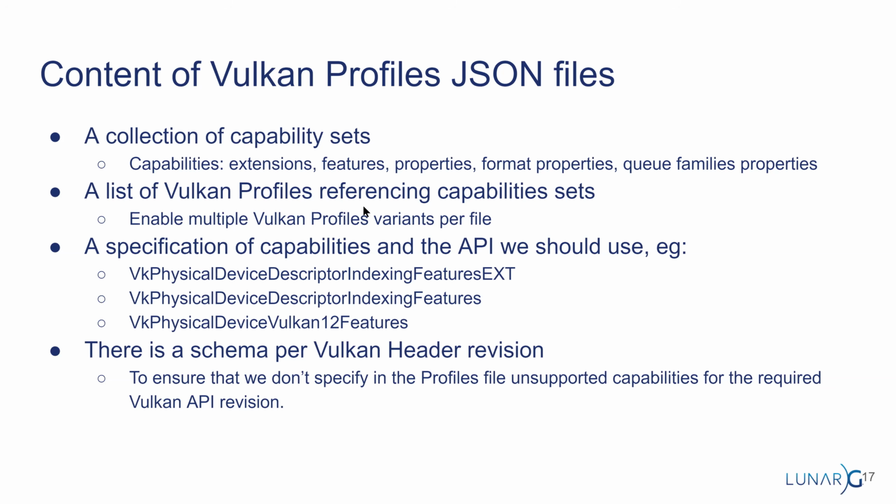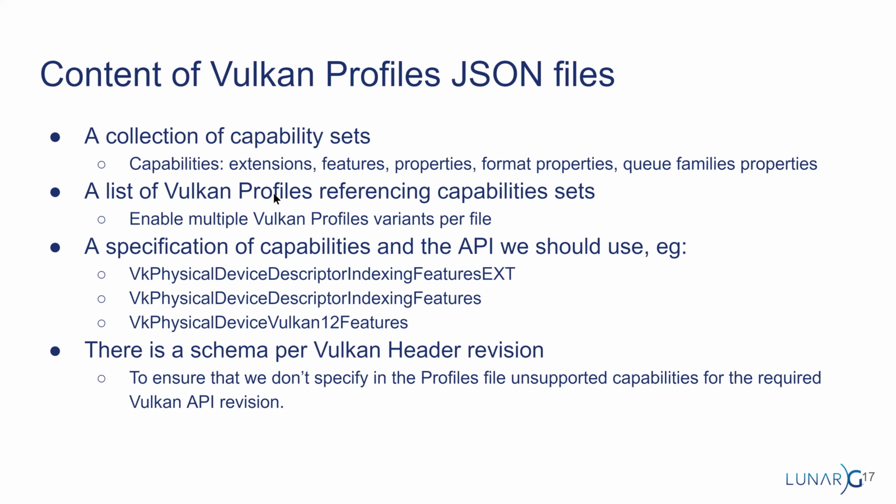So for that, there would be two different variants of the same profile. Basically, we can factorize the capabilities that are in common into a capability set. And then for the variation between profiles, we can add a different capability set that we reference independently in each Vulkan profile.